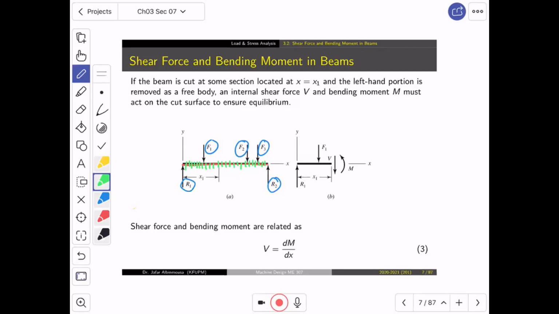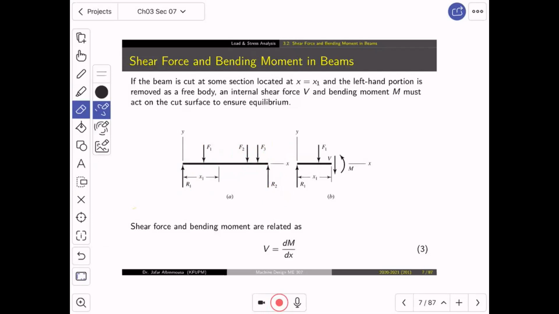We are going to assume that in a process, we are going to section the beam every time we have a new force acting. So we look at the beam, let me show you. We look at the beam as a new beam over here, and we say, okay, this is the reaction.